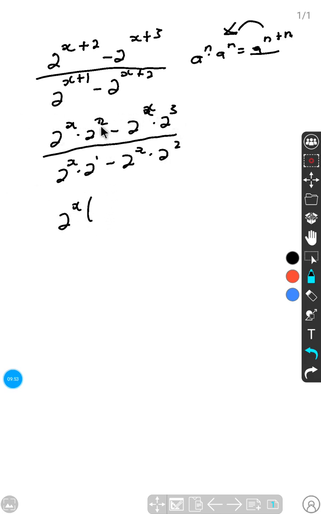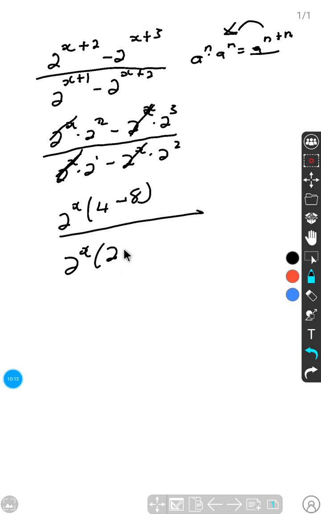Then this side will be left with, if we remove this, 2 to the power 2, which is 4, minus, we remove this, we're left with 2 to the power 3, which is 8. All over, if we remove this out, we're left with 2, minus, if we remove this out, we're left with 4.